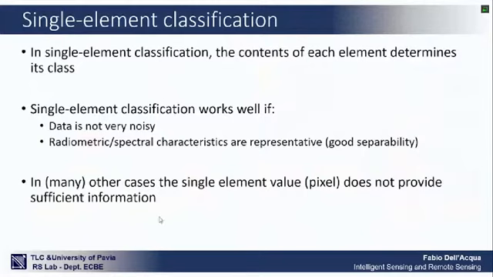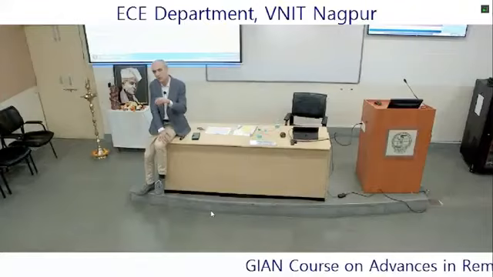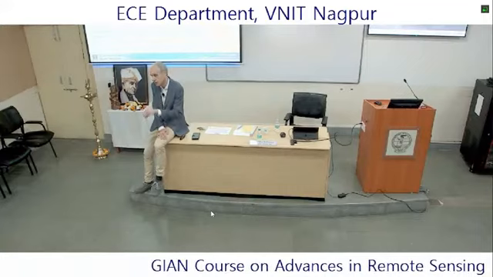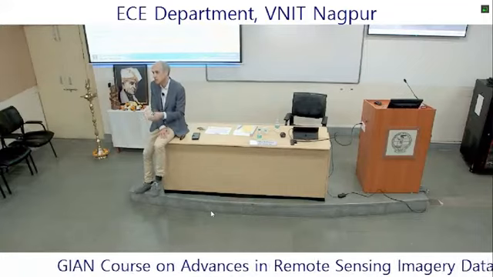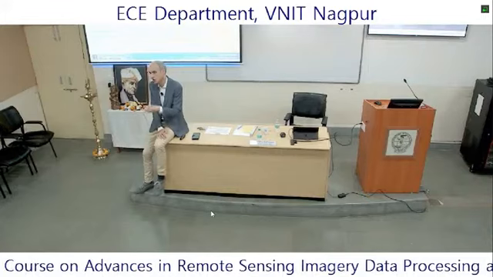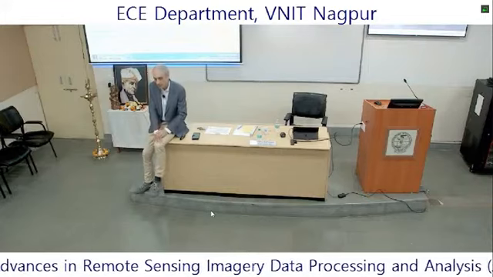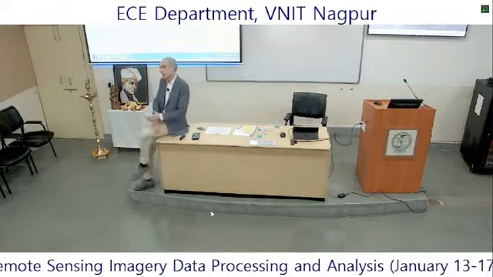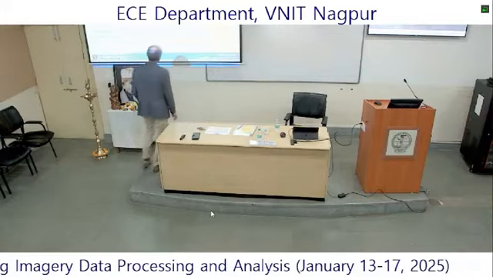And the simple spectral information that you see in the individual pixel is sufficient for you to say whether this is vegetation or bare soil or whatever. In other cases, this is not possible.